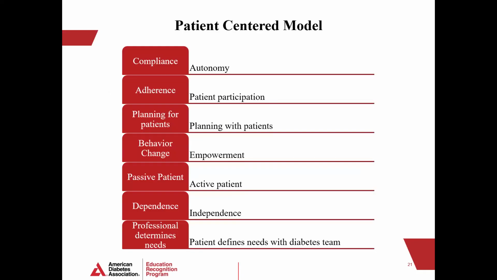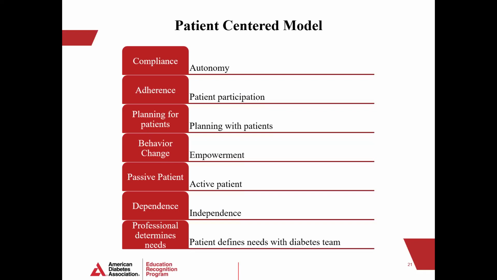So patient-centered model, you're very familiar with, but this is a nice summary of where we are. In the past, we were focusing on compliance being anticipated, where we assume that we can feed the information, that we're going to educate, and the more we educate, the more people would be able to remember and apply. And as you know, knowledge does not equal action.